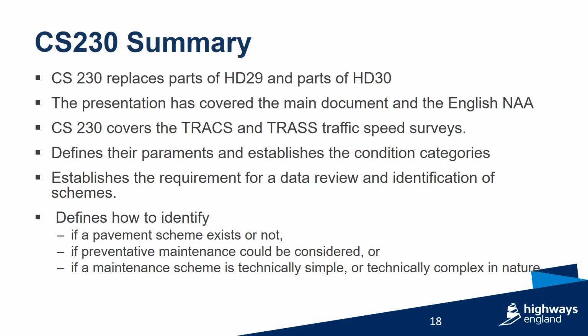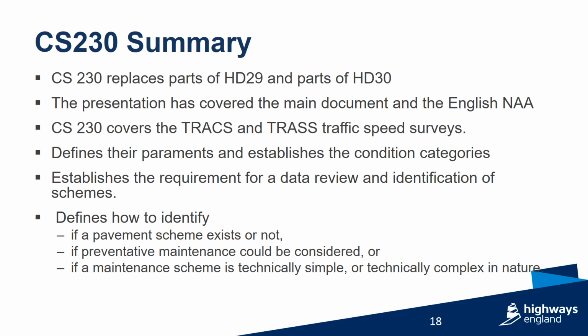In summary, CS230 Pavement Maintenance Assessment Procedure has replaced parts of the previous standards HD29 and parts of HD30. These are superseded. The presentation has covered the main document and the English National Annex. CS230 covers the TRACS and TRASS traffic speed surveys.